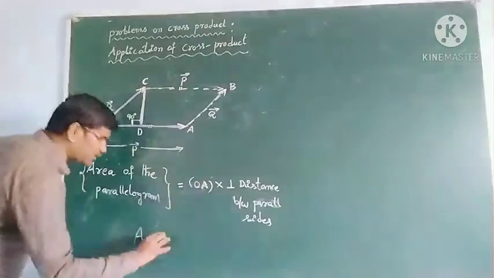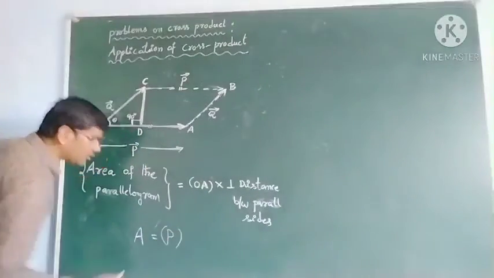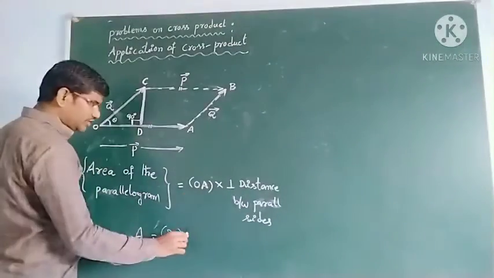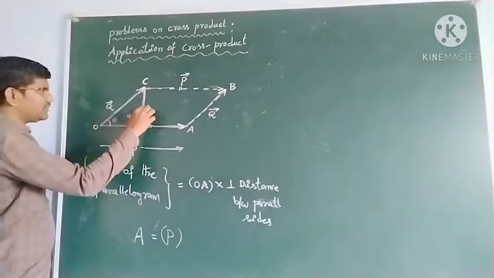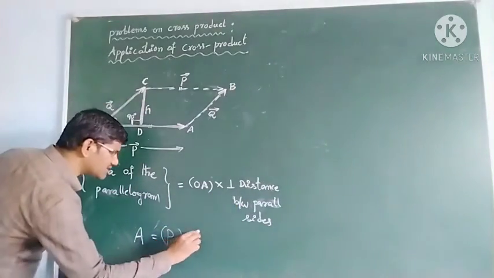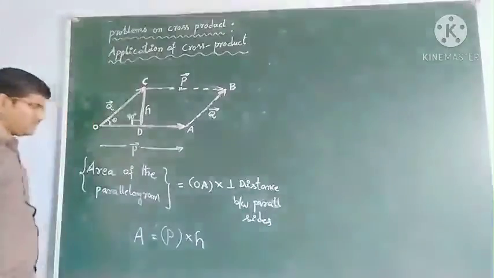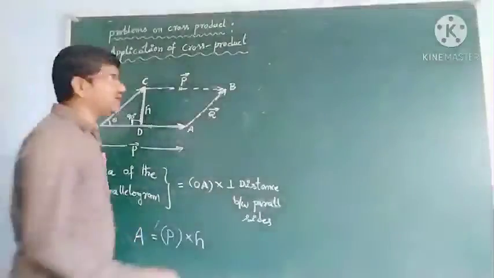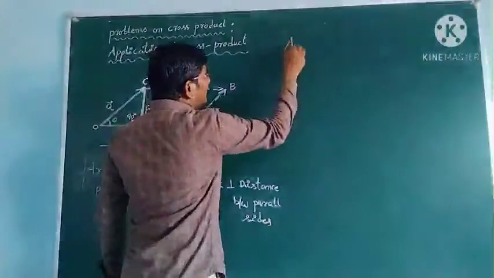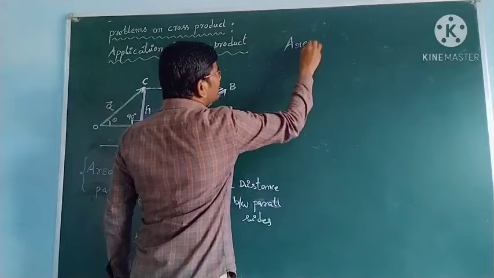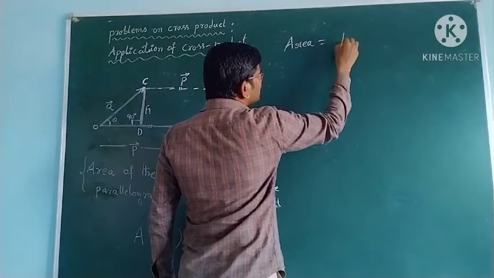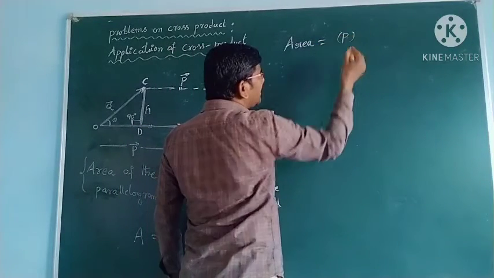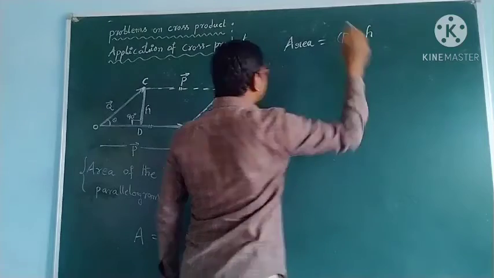Its magnitude is equal to p, and into the perpendicular distance between the two parallel sides, let it be h. So the area of the parallelogram is equal to p into h. So area is one side into height.